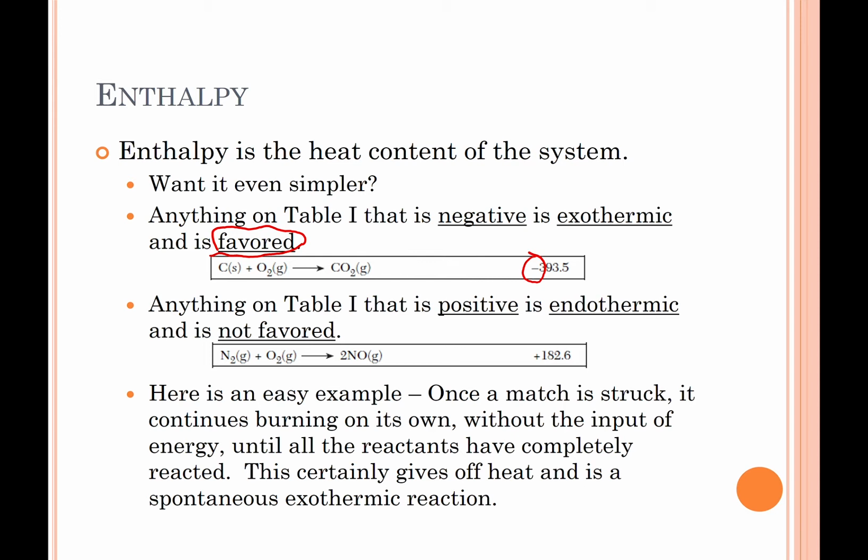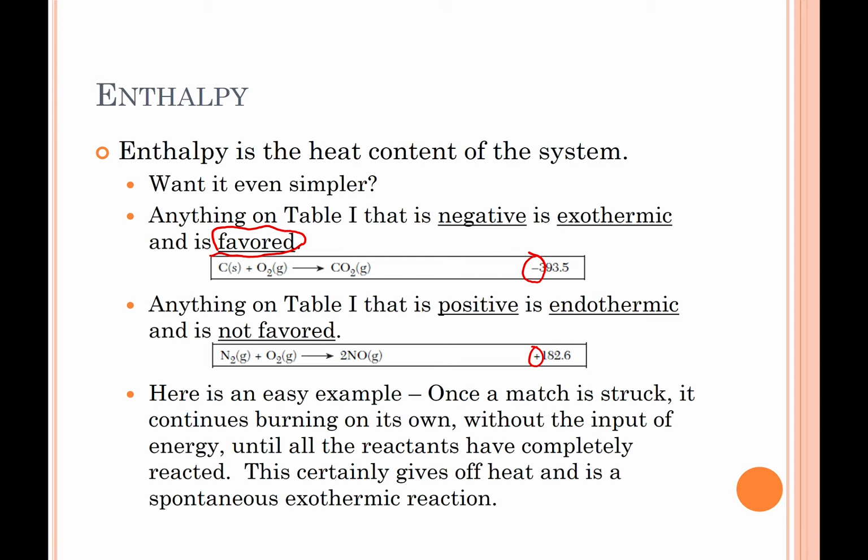If it's a positive value, it's going to indicate an endothermic reaction and therefore it is not favored, because that reaction requires a net input of energy to continue to happen, and nature doesn't have an endless supply of energy. So endothermic reactions are generally not favored.